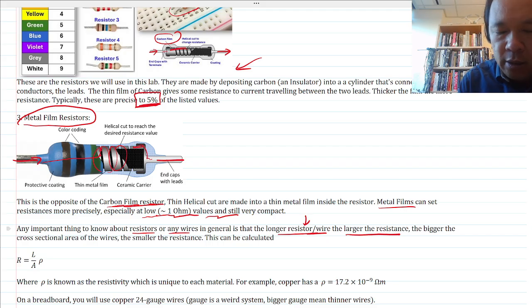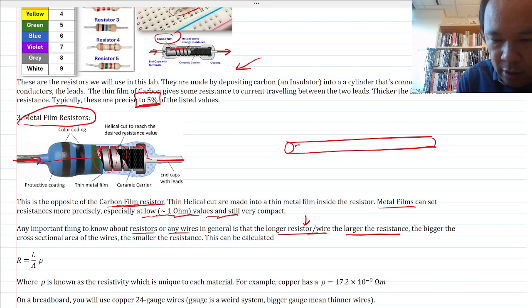Hopefully that makes sense. If you have something that's very skinny and long, in order for the electrons to pass through it, they have to traverse a very long path, which makes it harder.